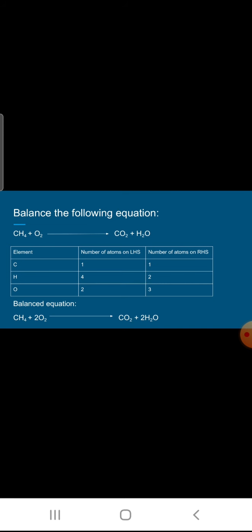Now step 3, you need to check carbon atoms on both sides. Here carbon is present both in methane, which is the LHS side, that is the reactant side, and CO2, which is the RHS side, that is the product, but it is already balanced as on both sides one atom of carbon is present.